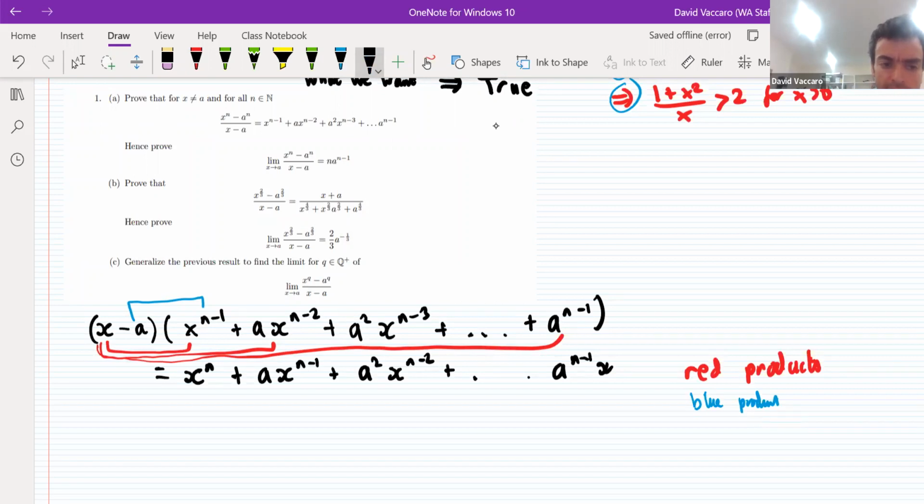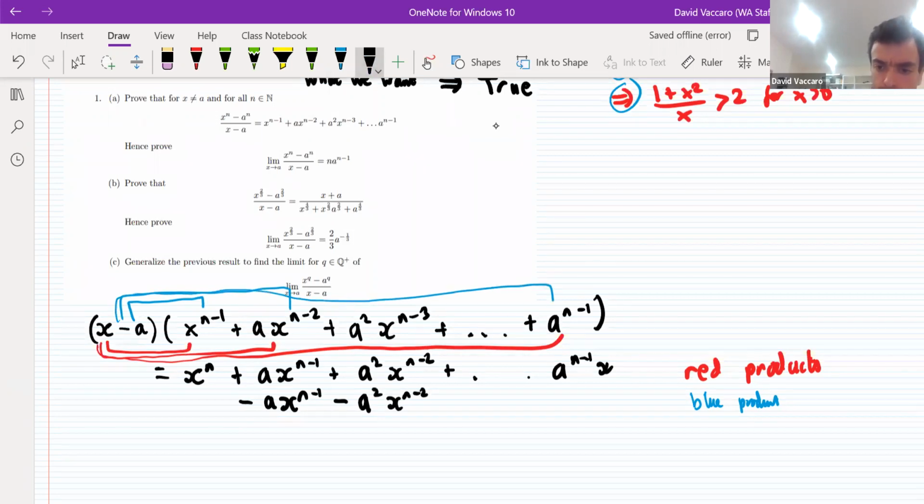So I start with a negative a x^(n-1). Then I get a negative a squared x^(n-2). And I do this all the way to a negative a to the n.